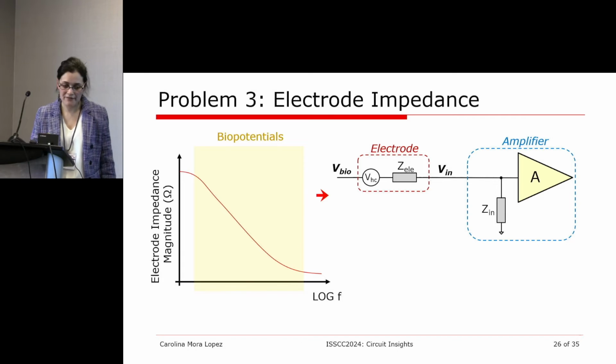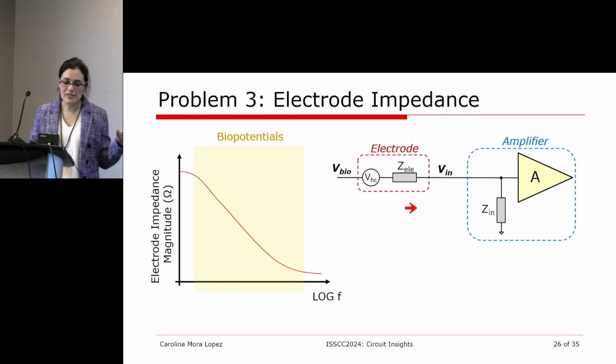So you have your biological signal connected to an electrode, and this is also received by the input impedance of your amplifier. So the same that happens with your half cell potential that generates an electrode DC offset, you also have a voltage divider for your input signal.